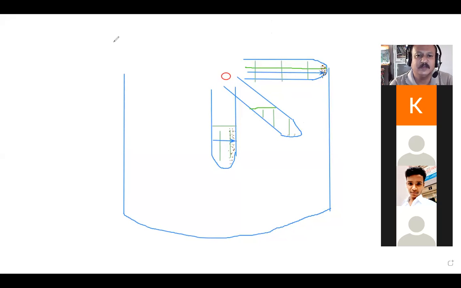Okay, sample components are more on this side. Not exactly at the bottom, but somewhere from the bottom to one side. Is it right?